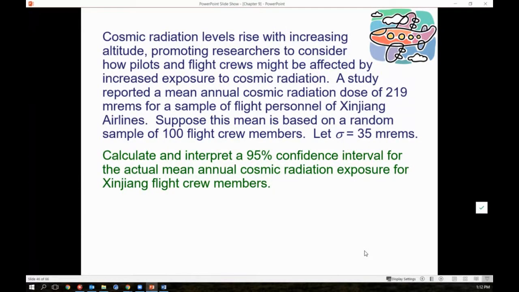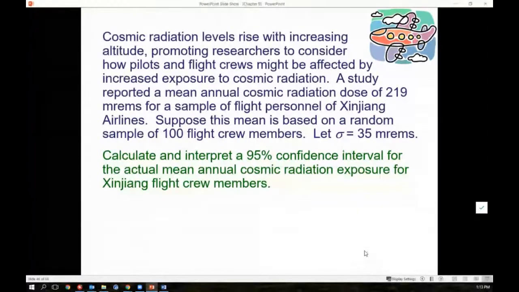Suppose this mean is based on a random sample of 100 flight crew members, and let sigma equal 35 millirems. Your notes have a typo in it. It says S. That should say sigma equals 35 millirems.